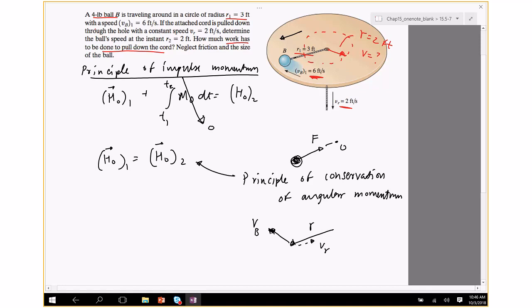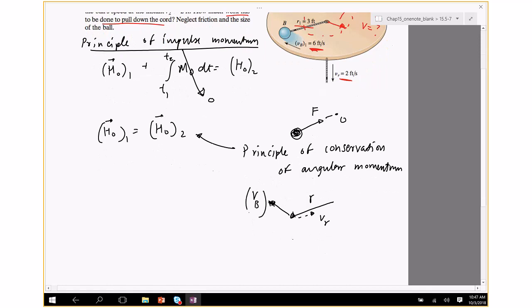So when I write R cross MV, I need to find the contribution due to R cross MVB plus R cross MVR.